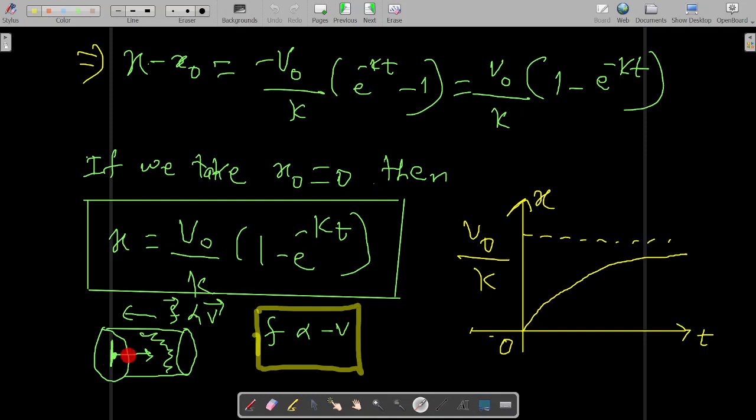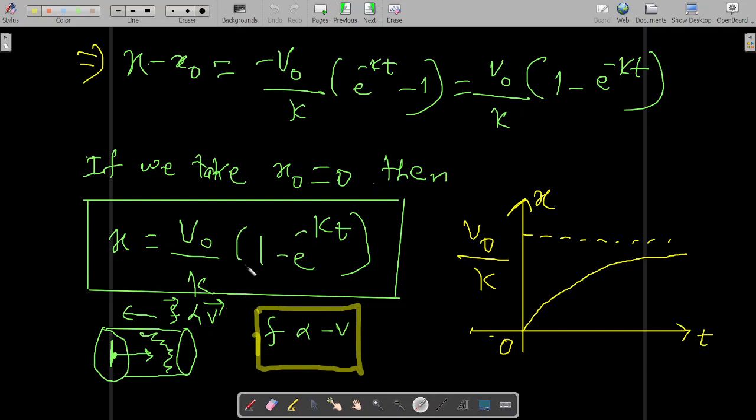In real life the resistive force over here will be different, over here will be different, over here will be different, depending on the shape of the object, and depending on the shape of the tunnel inside which the medium is kept.